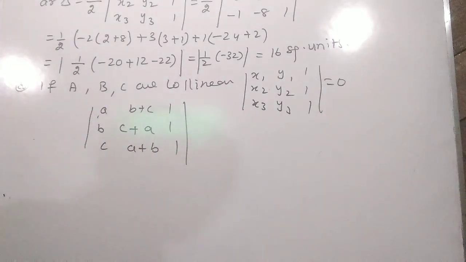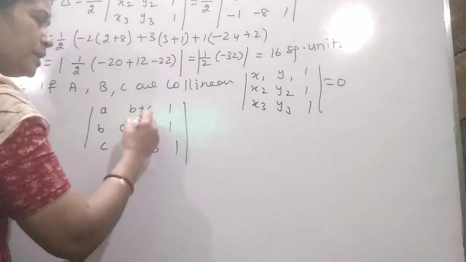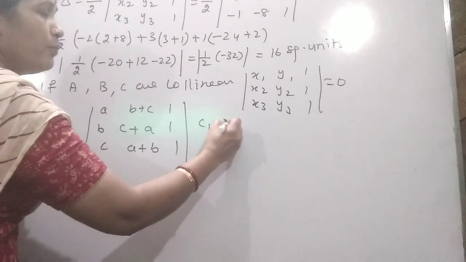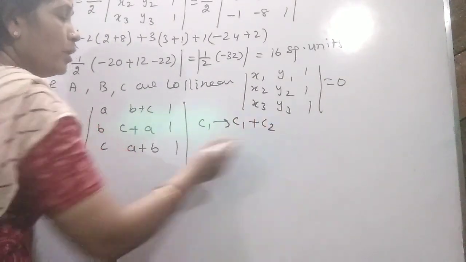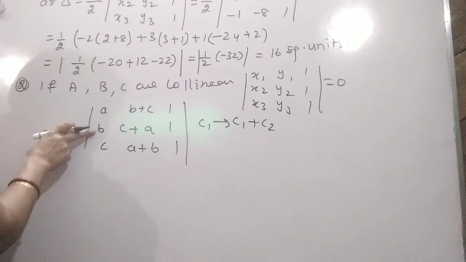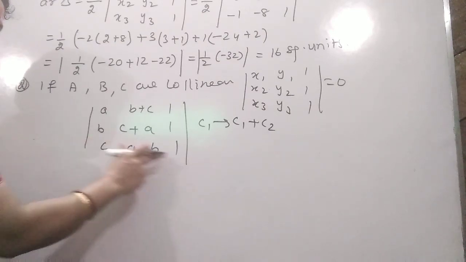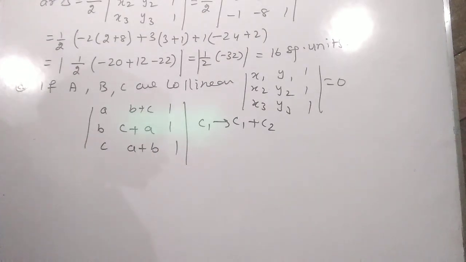If you want to use properties of determinants, most welcome. That is up to your choice. Suppose you add C2 to C1, so C1 can be written as C1 plus C2. If you do this, you will get A plus B plus C here, and also A plus B plus C here, and also A plus B plus C here. Then C1 and C3 are proportional, and the value of the determinant is 0. Are you clear what I'm saying?